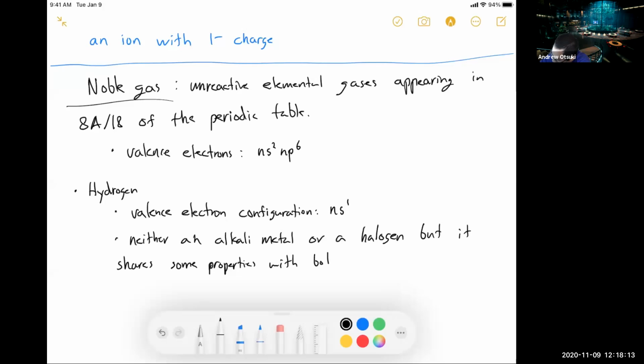Just know that hydrogen is kind of in the middle. It's technically in the first column, but it doesn't share the same reactivity as those other metal elements.